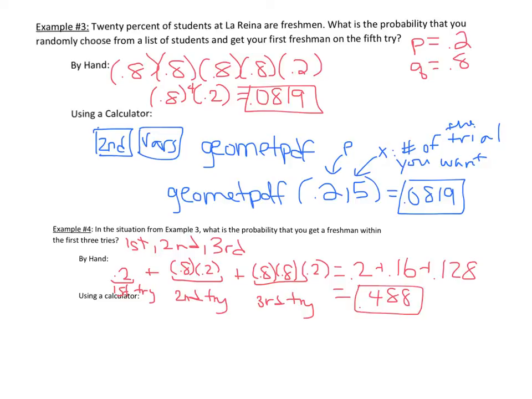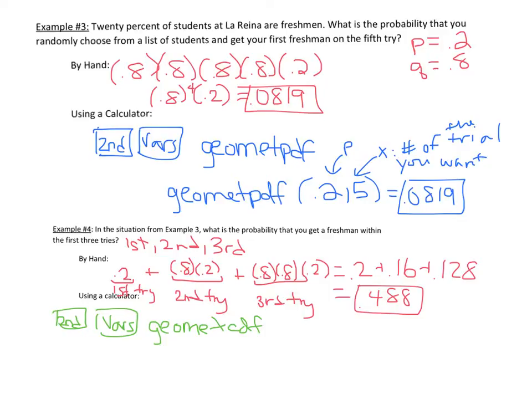Now this is one of those situations where you will be really happy that you have a calculator. In this case we're going to use what's called geometric CDF. It's the same menu under the distribution. However, make sure that you're using CDF. The CDF comes in when you're doing within a certain number of trials.